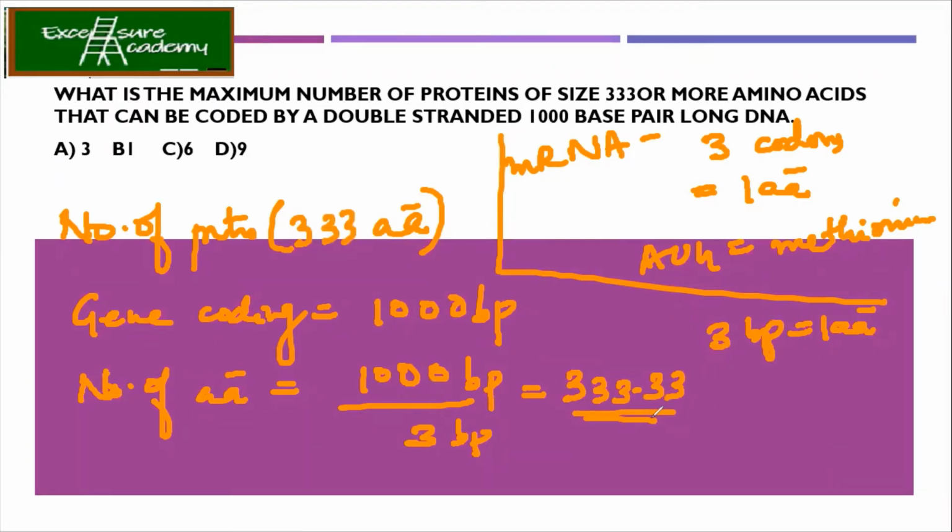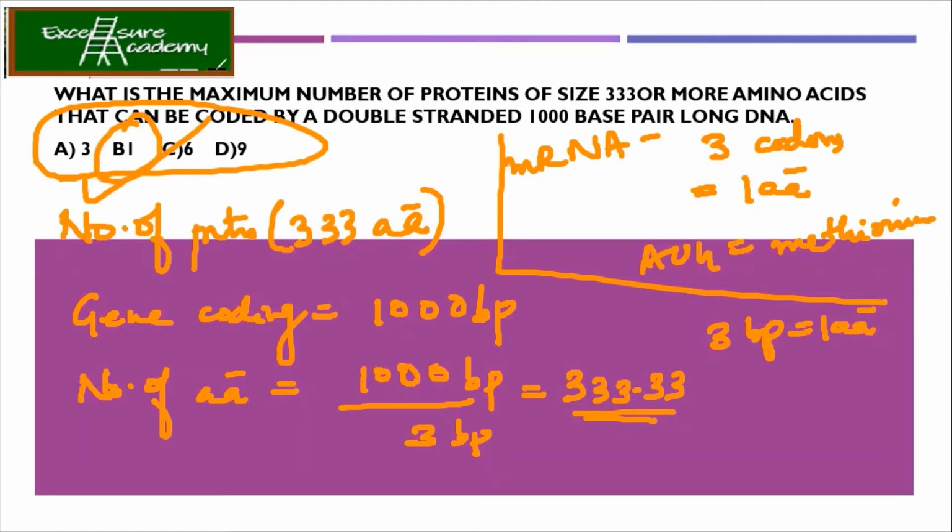Now you tell me the correct option. How many proteins having this many amino acids can be coded by the 1000 base pairs? 1. Very good. It is 1.